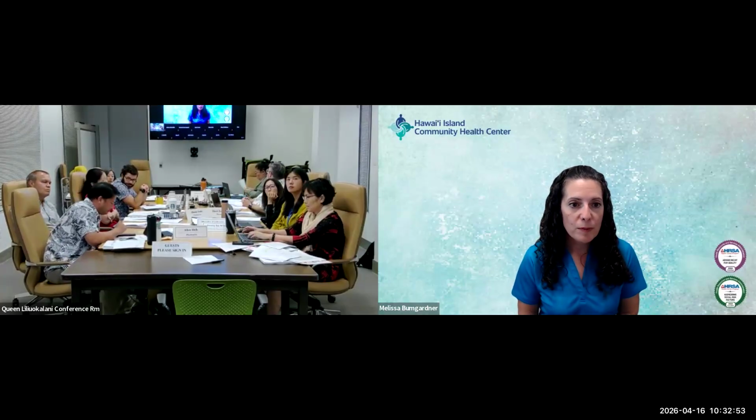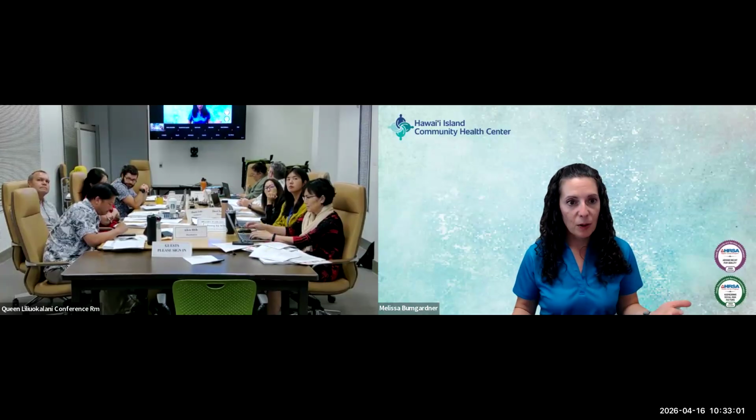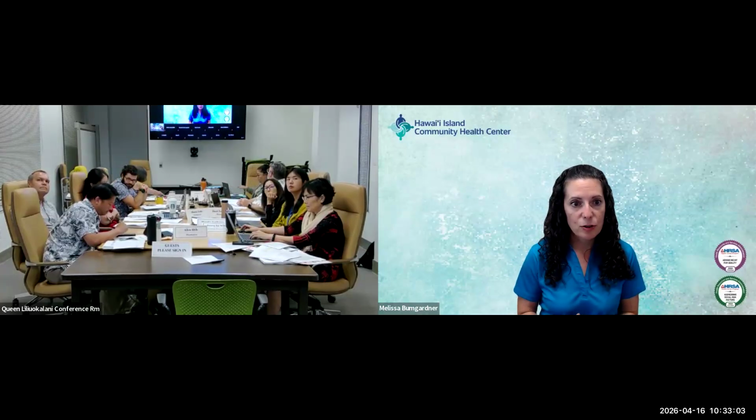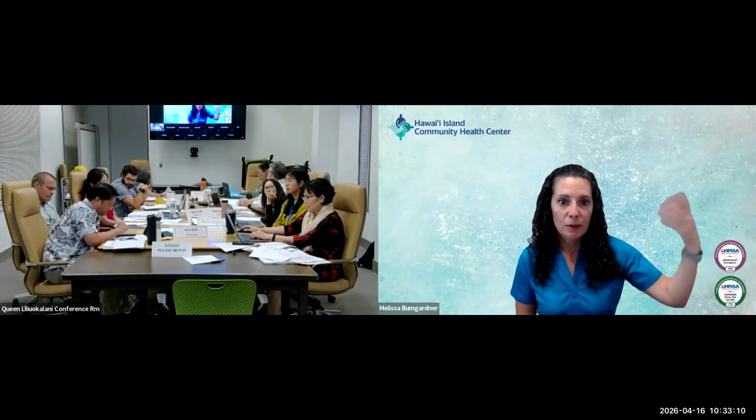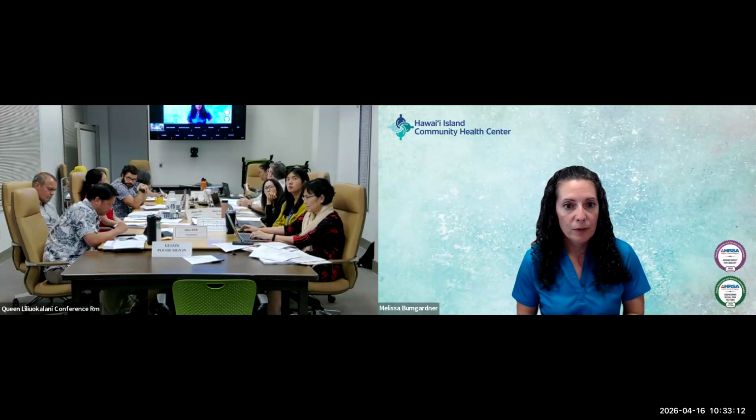But again, there's no pharmacy access down in Ka'u right now. So for those patients, to even be able to get a medication in the middle of the week delivered to their health center where they get their medical care is a tremendous advantage for them to not have to drive to Keaau, Pahoa, wherever they're going to get access to a pharmacy.